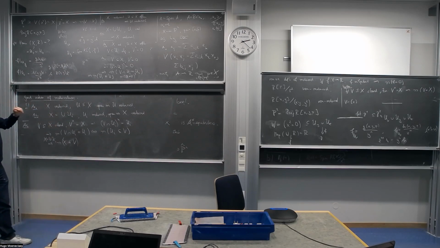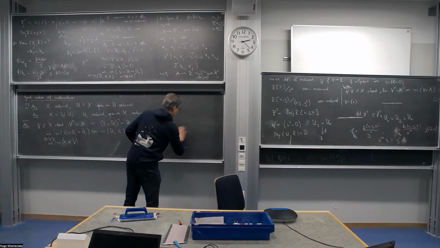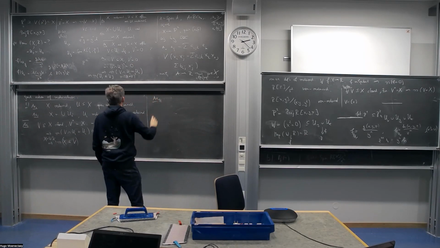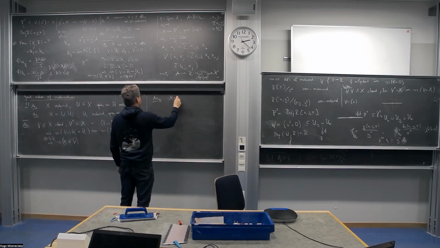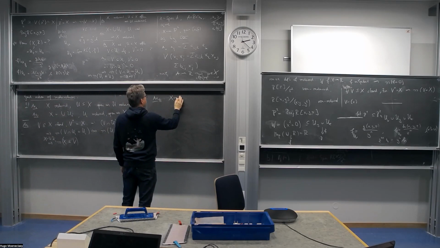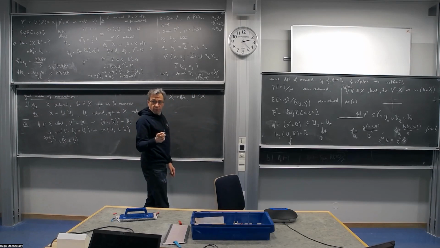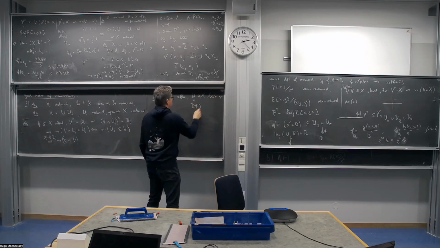But it works for axiom 1/2. So if X is just affine, and union X is, so now I have to say basic open, that's D(f).